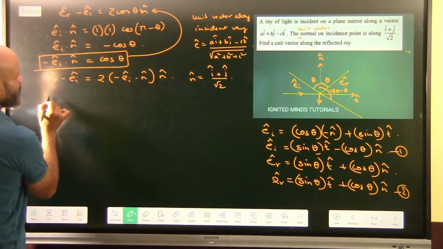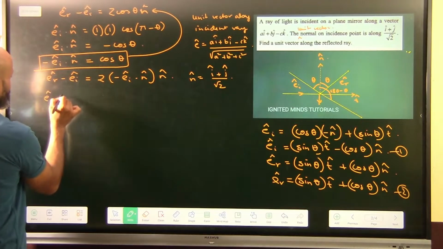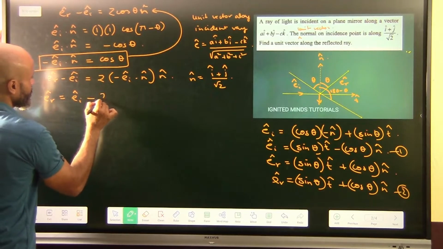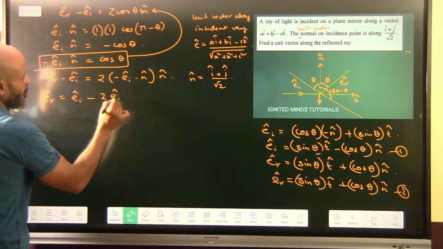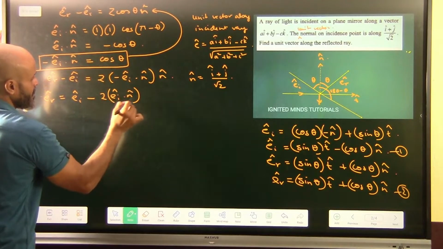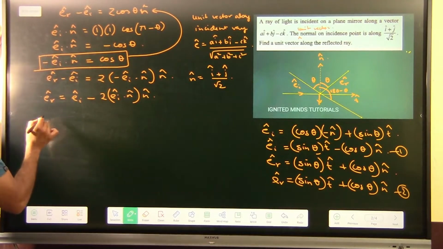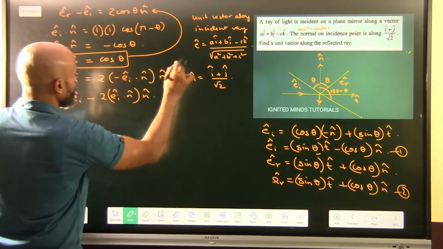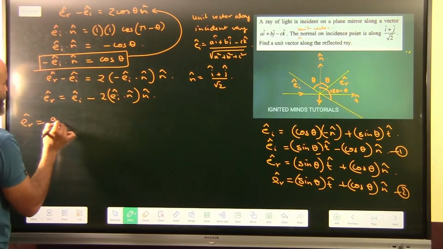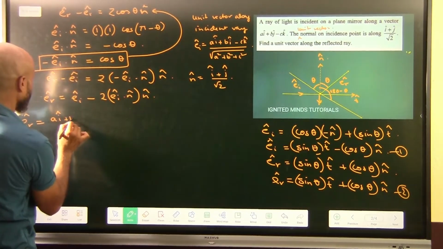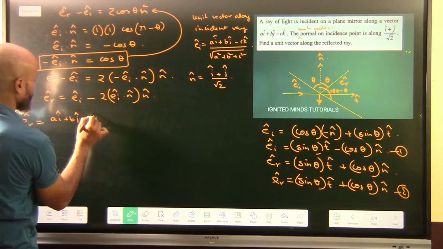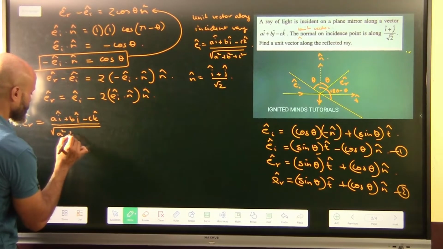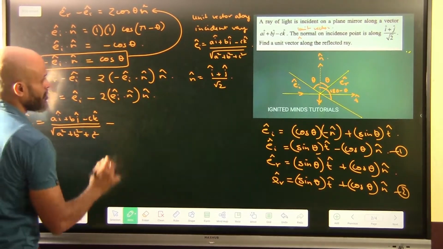ER will be the unit vector along the incident ray minus, this minus comes out, twice the scalar product of the unit vector along the incident ray with the normal unit vector. So putting the values here, the unit vector along the incident ray is ai cap plus bj cap minus ck cap upon under root of a square plus b square plus c square.